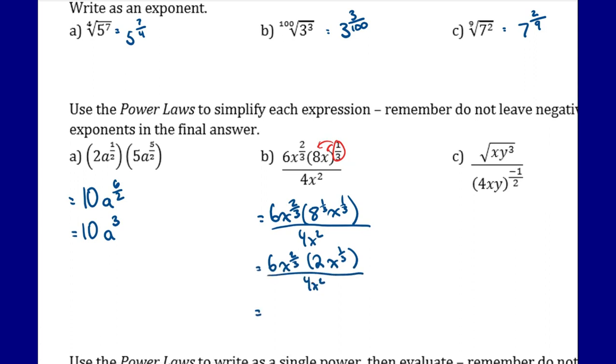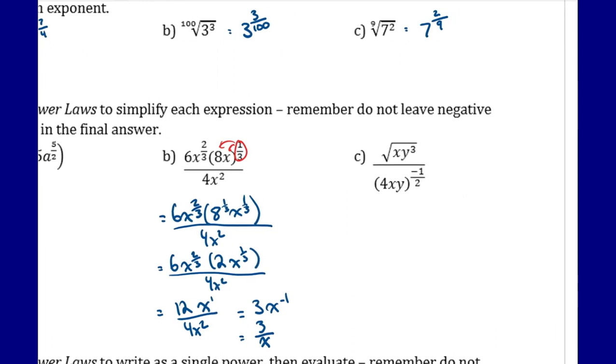I can now simplify the top, multiplying my two numbers: 6 times 2 is 12. x to the power of 2/3 times x to the power of 1/3, we add, so we just get x to the power of 1, divided by 4x squared. And this simplifies to 3x to the power of -1, or 3 over x. We move our negative down to make it a positive exponent.